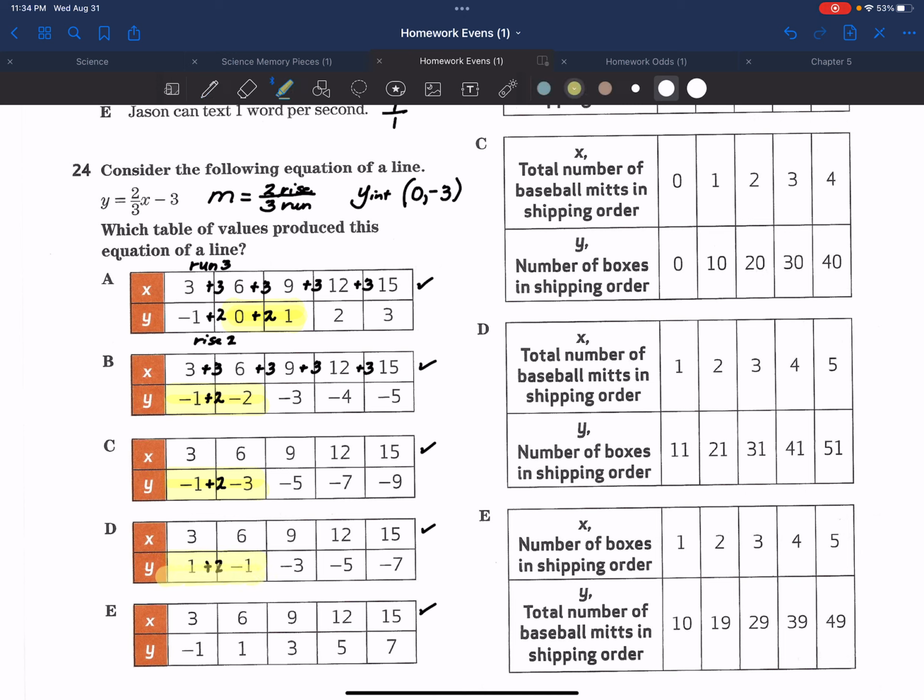There's a violation. Negative 1 plus 2 is positive 1, plus 2, plus 2, plus 2. No violations in either row, so that is the one I want.